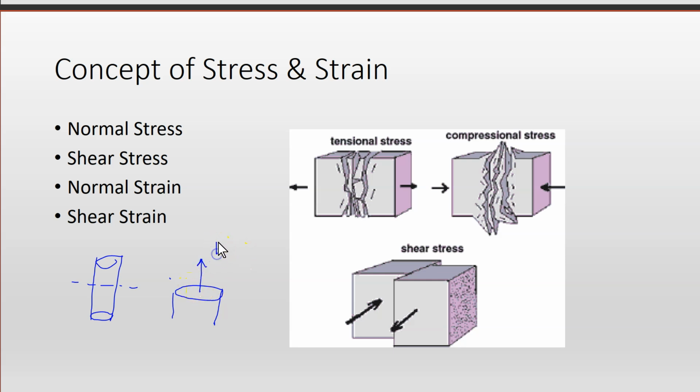If we apply a force in that normal direction, that would be a normal stress if we divided the force by the cross-sectional area. So sigma is the letter given to normal stress, and that is going to equal the force normal to the cut area divided by the area.